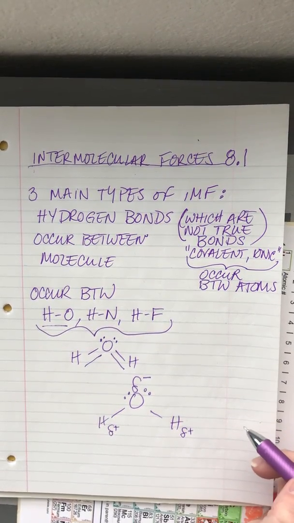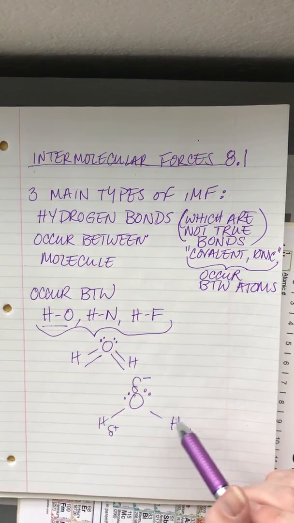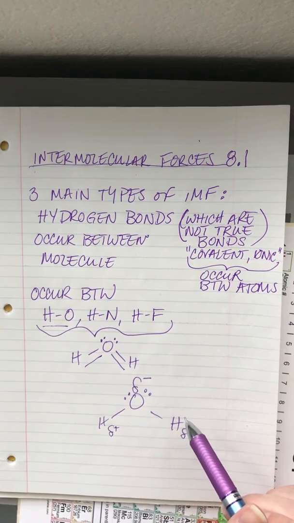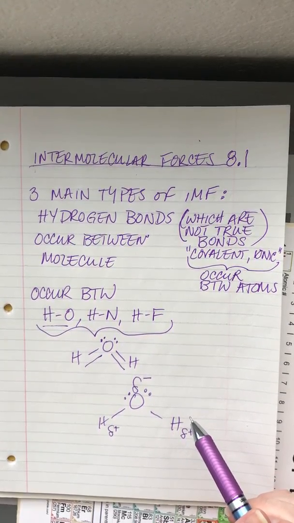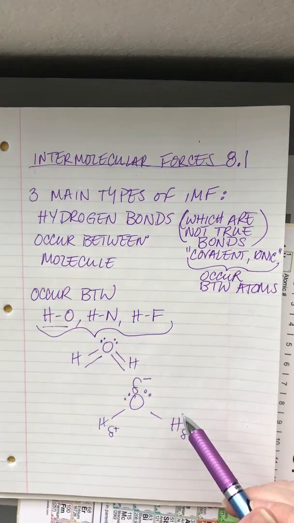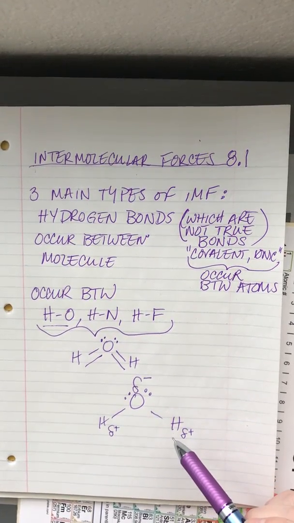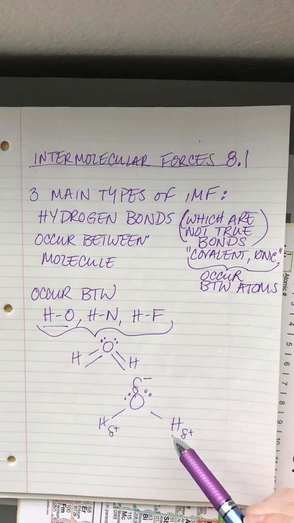right? So you can imagine when we're drawing these Lewis structures, we're pretending like one molecule is just hanging out by itself, right? But that's not really how this works. When you have water, there's a ton of water molecules hanging out together, right?